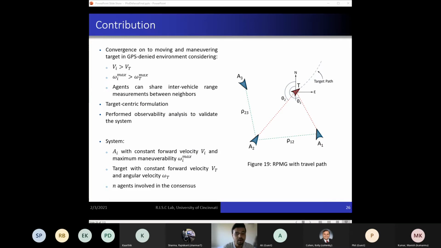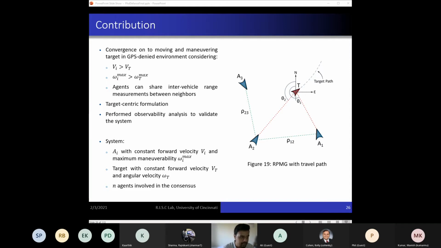To highlight the major contributions, we solved a simultaneous convergence problem in a GPS-denied environment using PN guidance and relative cooperative localization techniques under the assumptions: A, the forward velocity of the agent is greater than that of the target; B, the maneuvering capability of the agents is greater than that of the targets; and C, the agents can share range information with their neighbors as long as they are in the sensing range.